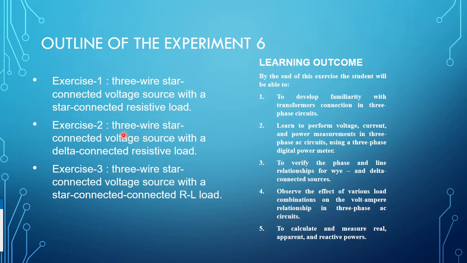In exercise 2, connect the load in delta connection. And in exercise 3, we connect in star, but the load is R and L. After the experiment, the student is able to develop and analyze the three-phase connection.